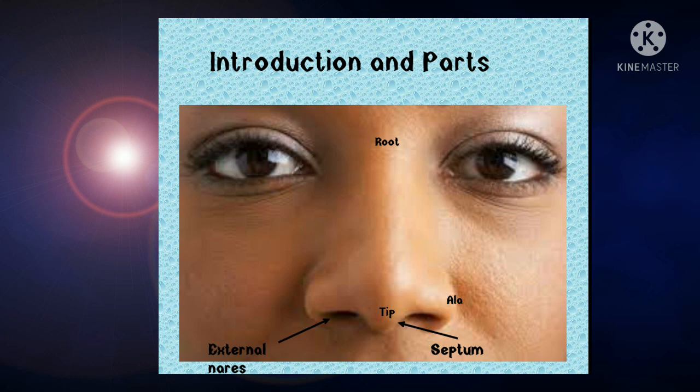For descriptive purposes, the nose is divided into two main parts, the external nose and the nasal cavity. The parts of external nose are root, tip, external nares, nasal septum, ala, and the dorsum of nose.